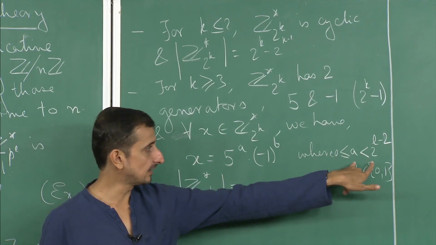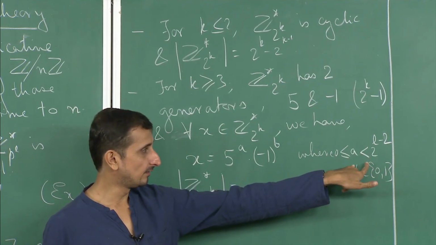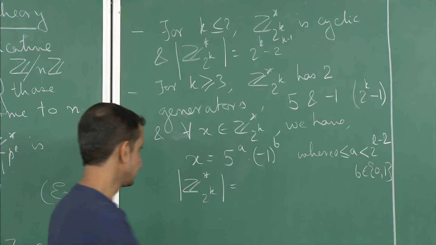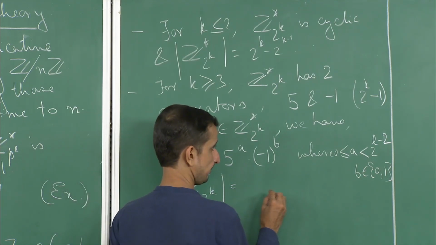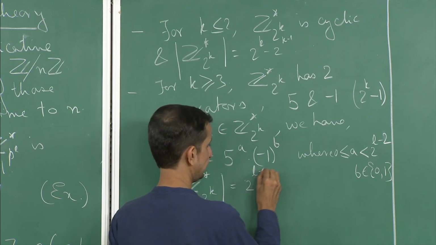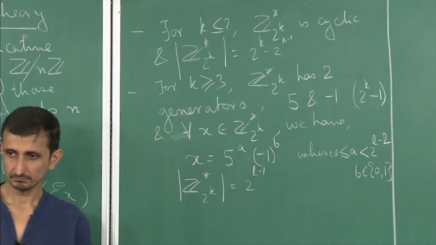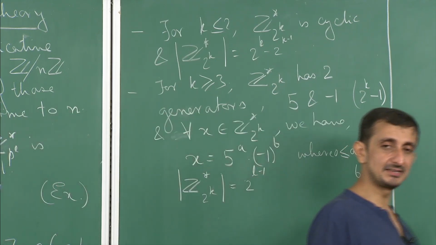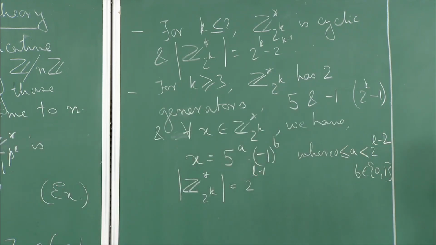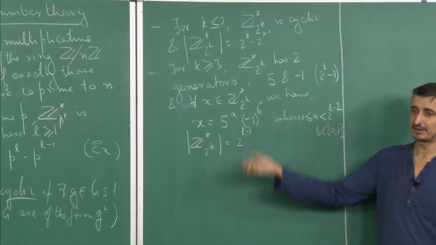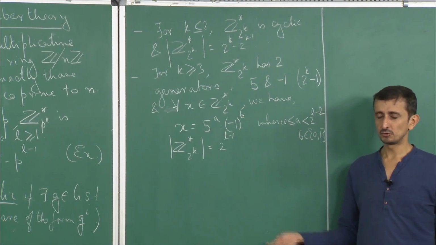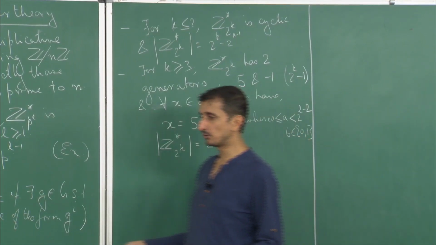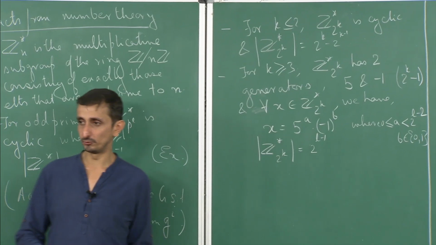Here I have 2 to the power k minus 2 different values of a and 2 values of b, so it is 2 to the power k minus 1. You can actually see what this group is. If I take k equal to 5, 2 to the power 5 is 32. So what are all the elements in Z mod 32 that are co-prime to 32?